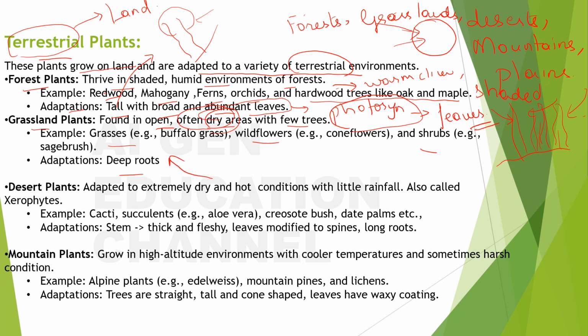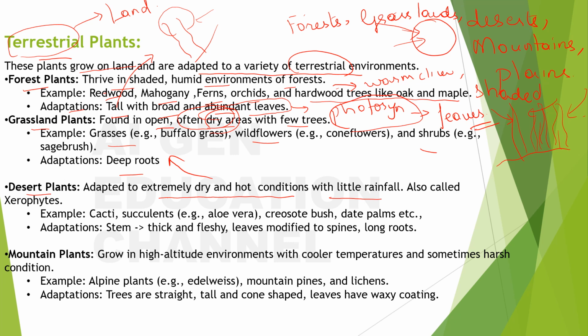Okay, now about the desert plants. Desert plants are adapted to extremely dry and hot conditions with little rainfall. See how different the forest and the desert are. See, you can find so many different things in nature. It's only that you have to enjoy the differences, right?